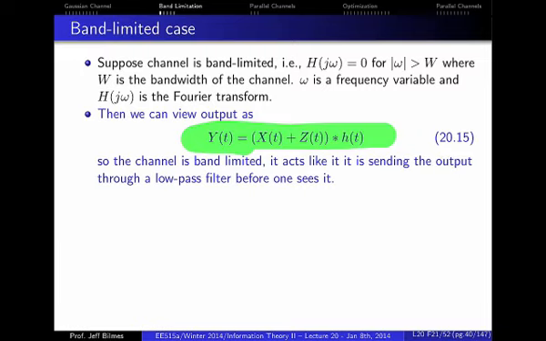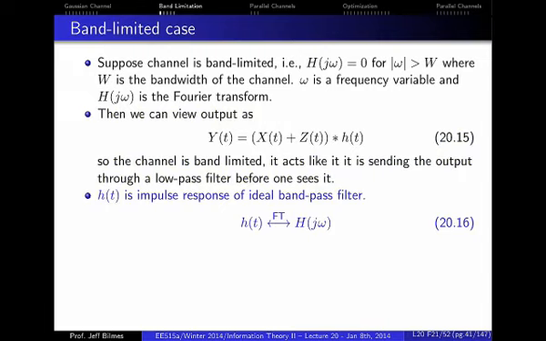So you have no chance of sending any information whose variation exceeds the spectral cutoff of the low-pass filter. In this particular case, let's just assume it's an ideal low-pass filter. I said low-pass before. Here it says bandpass, but let's just assume it's a low-pass.